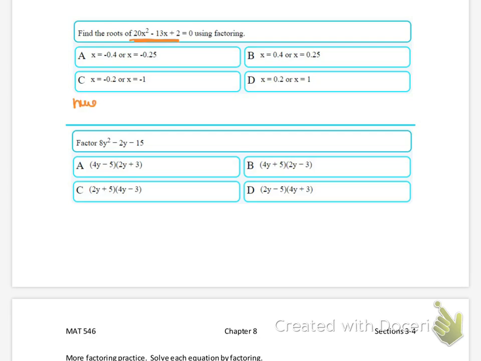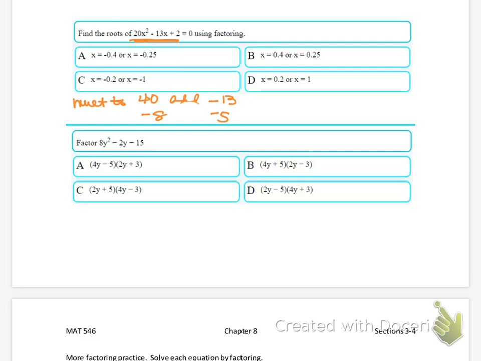So I'm going to say what multiplies to positive 40 and adds to a negative 13. Okay, so let's think about that for a second. Okay, so what do we think? I am thinking negative 8 and negative 5. What do you think about that?